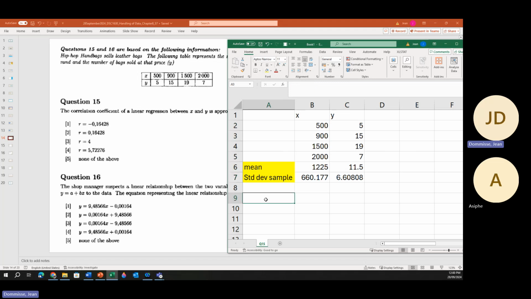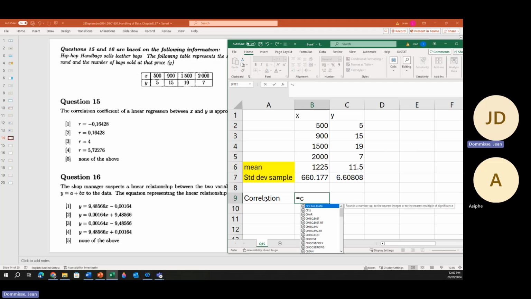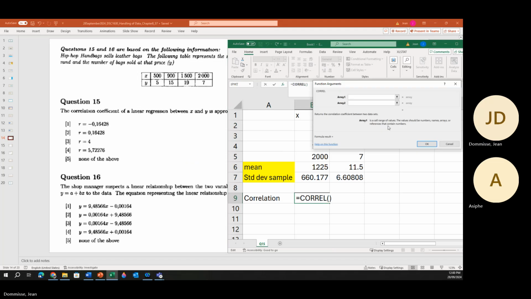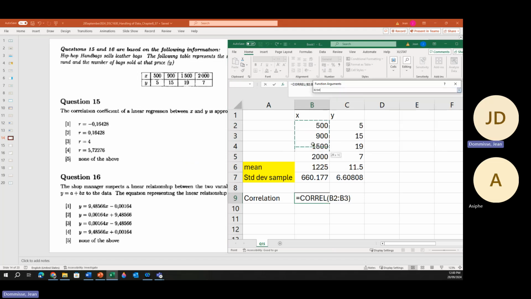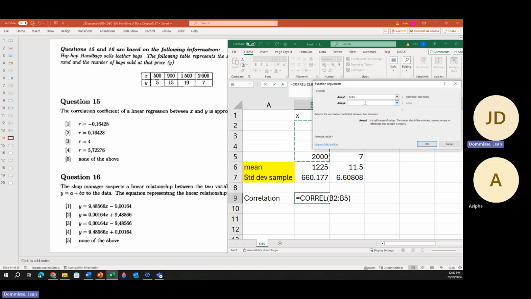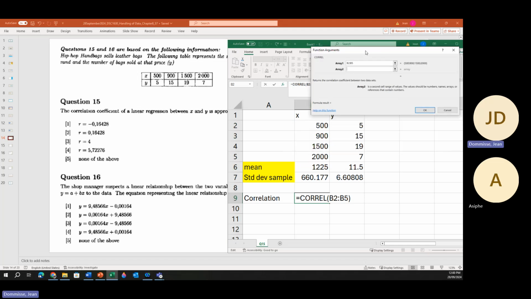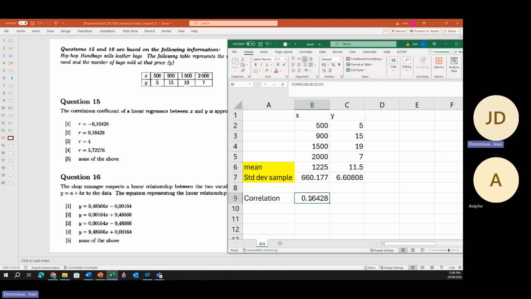Then we can look at the correlation. We're going to look at that first one of correlation, and there's a nice built-in function as well, CORREL. In correlation, all that they want is the first data set and the second data set, and then it will work out the correlation for you.